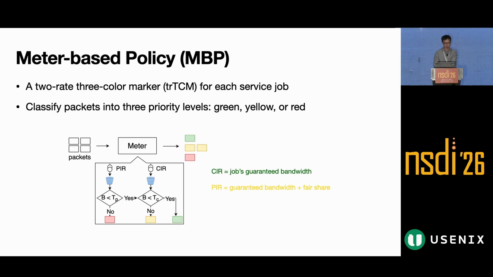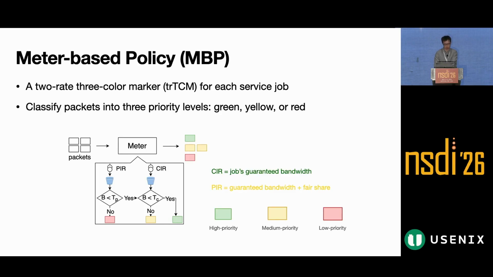Packets are then remarked with DSCP values and mapped to switch queues as follows. The green packets will go to the high priority queue, and yellow packets will go to the medium priority queue. The red will go to the low priority queue. While this method is intuitive, its per-packet operation can cause packet reordering at the destination.